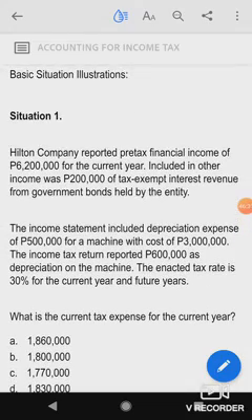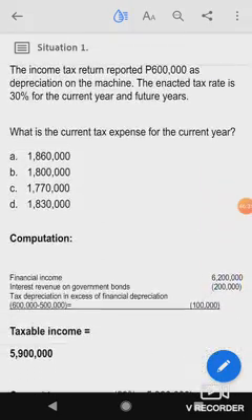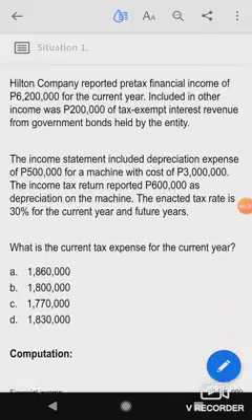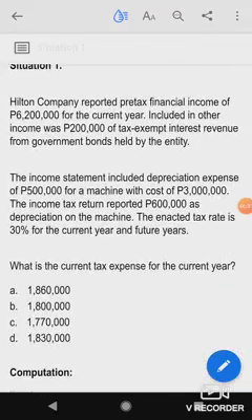So what happened with depreciation is that the machine was depreciated. The declaration for the machine depreciation is 500,000. Supposedly the income tax return reported 600,000. So we go with the income tax report of 600,000. We have understated depreciation expense.